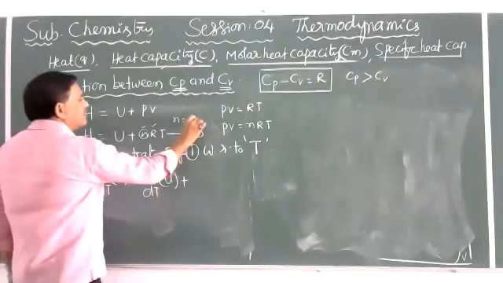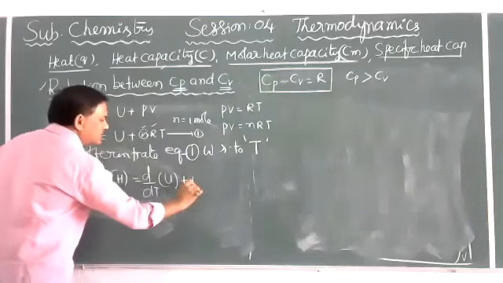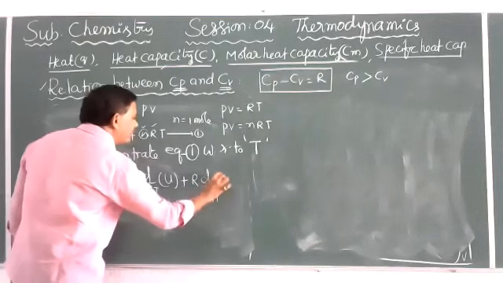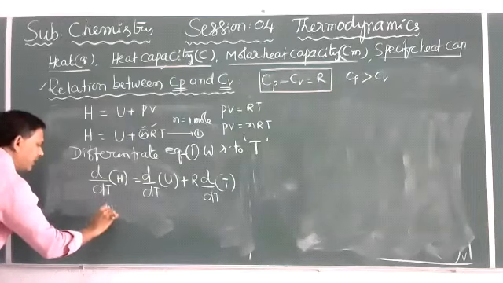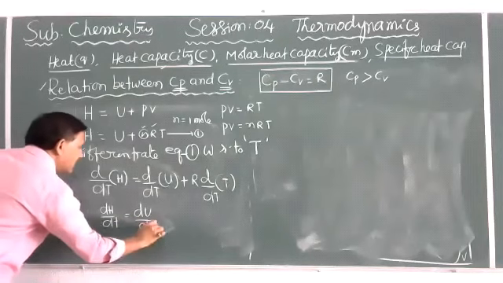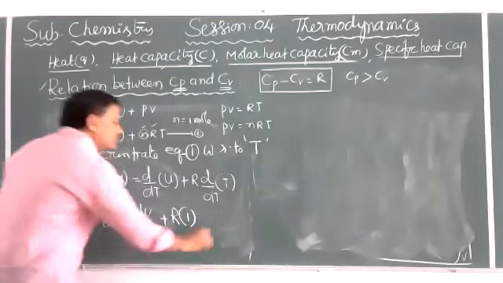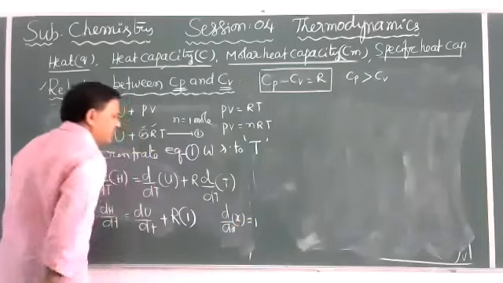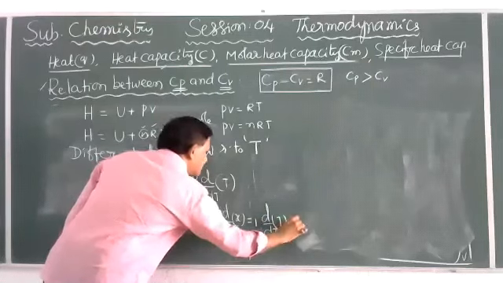So R is constant, R into d by dT of T. Now we can write dH by dT is equal to dU by dT plus R into 1, because d by dx of x is equal to 1. Similarly, d by dT of T is equal to 1.